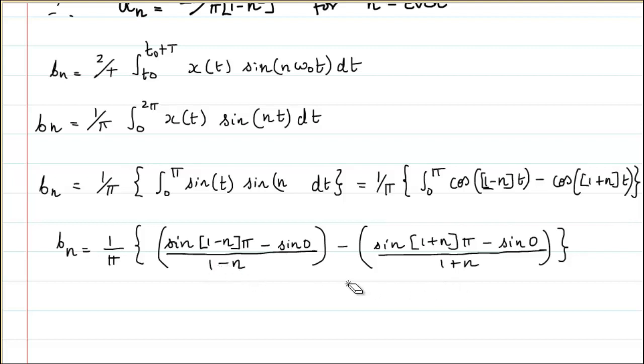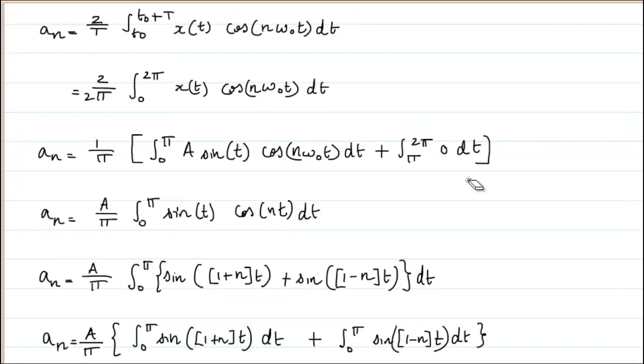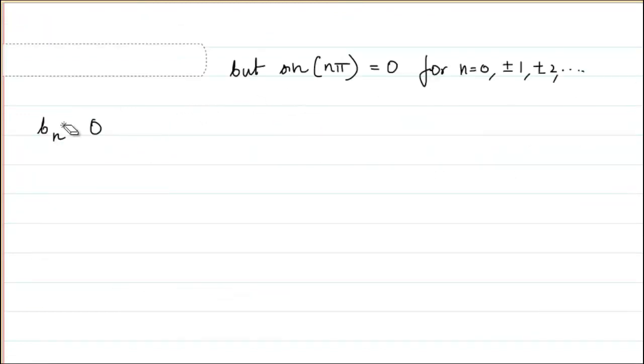The answer will be perfectly 0. But for value of n is equal to 1, you are having an issue. So what I will do is, I will say that b of n is equal to 0 for all n except for n is equal to 1.